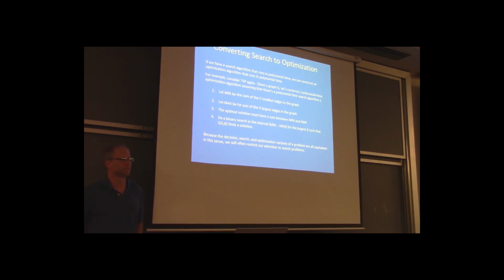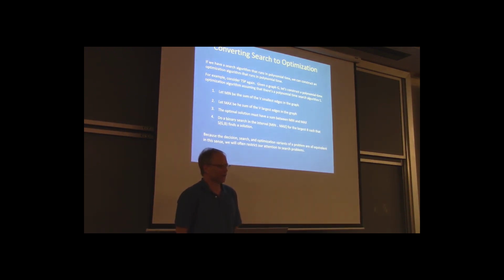Yeah? Would it be possible to do a search without a weight and then use whatever that is as the max? You mean find a Hamiltonian cycle? Yeah. Okay. Yes, but we don't know that. You're postulating there is a way to find a Hamiltonian cycle that's efficient.